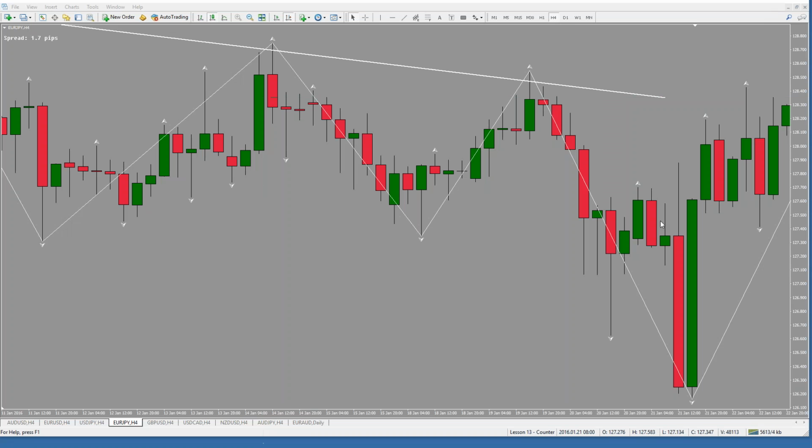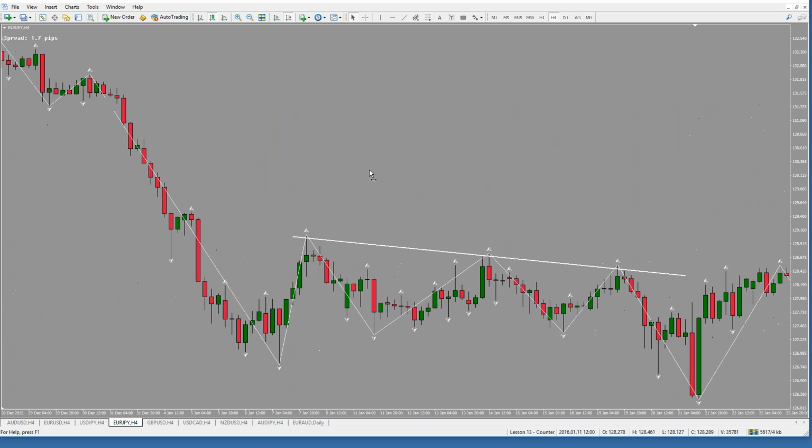One thing that I want you to be aware of, and this is part of the trick. In this particular example, I could have also drawn a line down the bottom, like that. The reason that I'm drawing this bottom line is because the bottom line could act as support, correct or not?